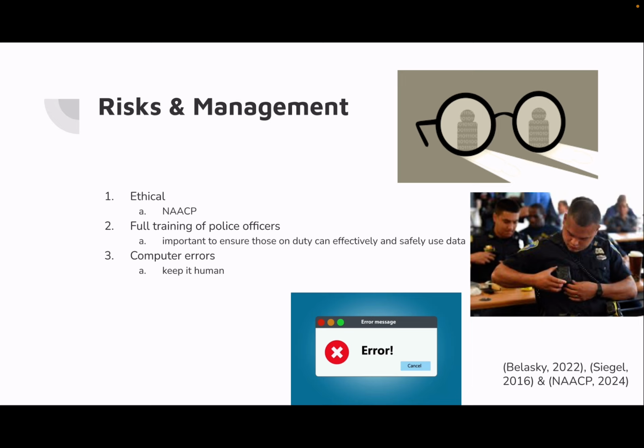An example of this: let's say the data entered into these algorithms shows that police officers are regularly searching homes or going to homes that are painted the color purple. If that keeps happening, and there's truly no reason to be going to these purple houses, but there's a bias against them, it is going to create an algorithm saying that these purple houses are most likely to have crime happen.